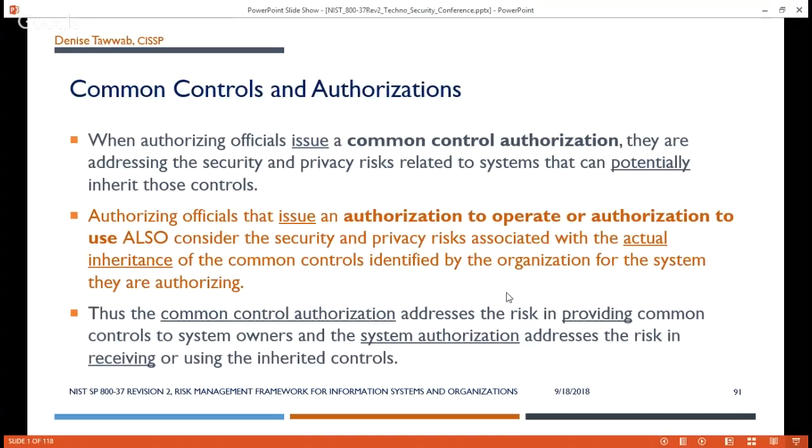So the common control authorization addresses the risk in providing common controls to system owners, and the system authorization addresses the risk of receiving or using the inherited controls. And I discussed this in my video on authorizations.